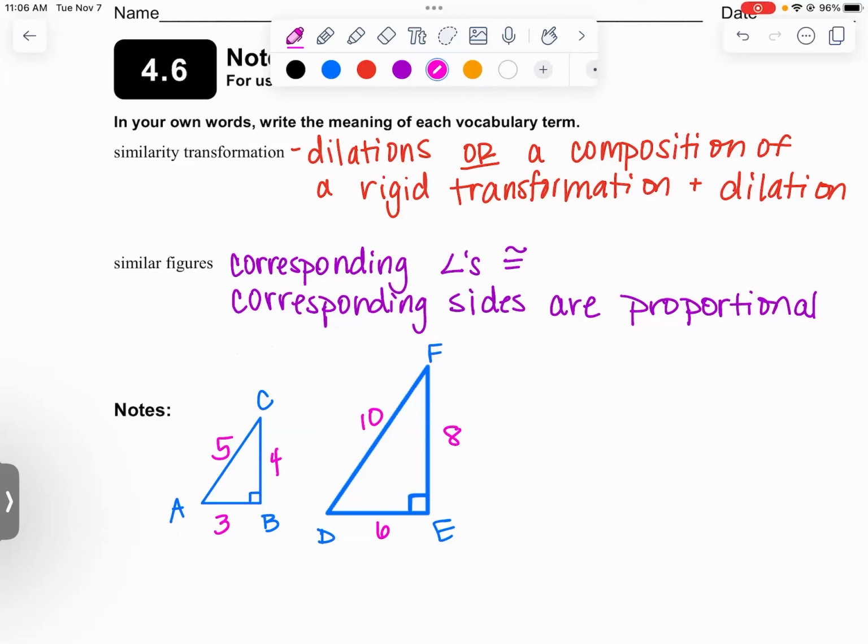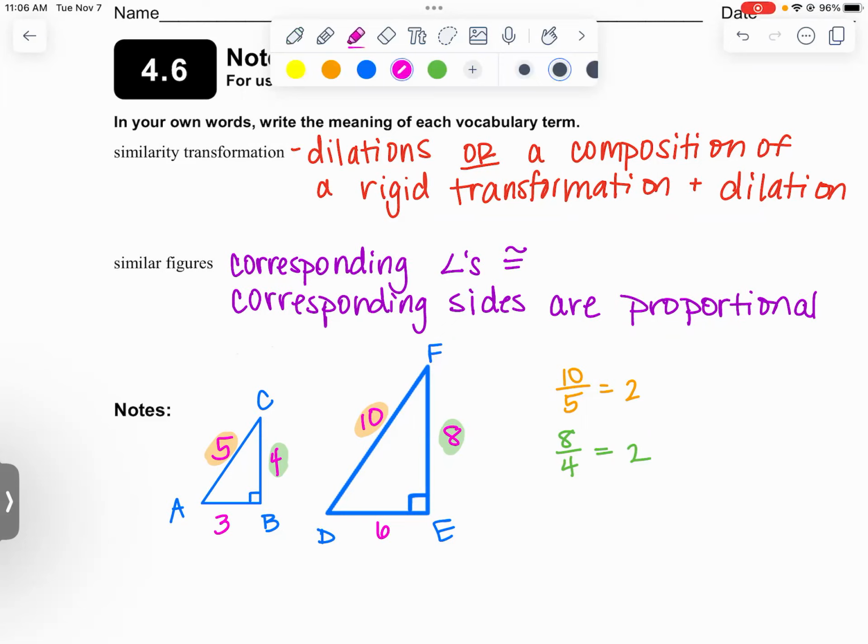If we take and divided by 5, what do we get? Okay. The scale is 2. 8 divided by 4, we get 2.